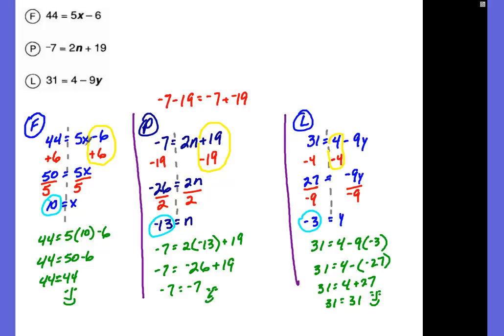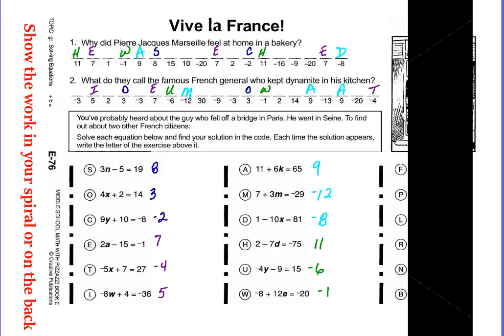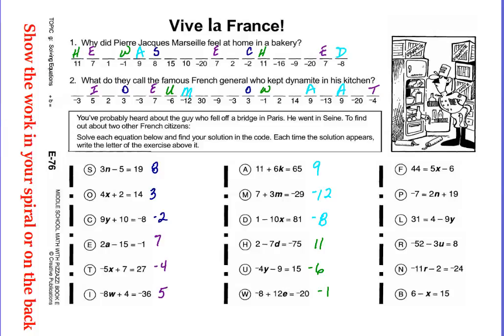So let's take those 3 answers forward: 10, -13, and -3. So all the 10s are F's. All of the -13s are P's.